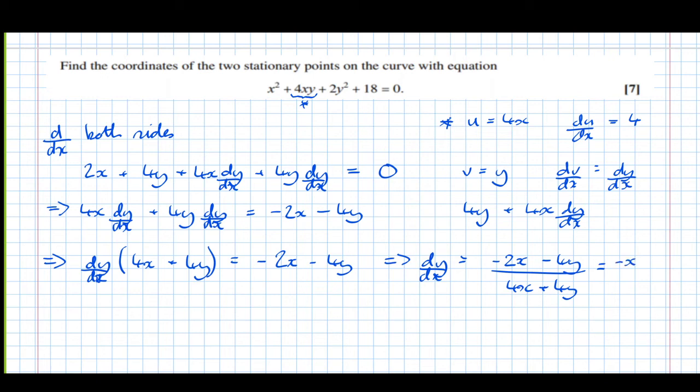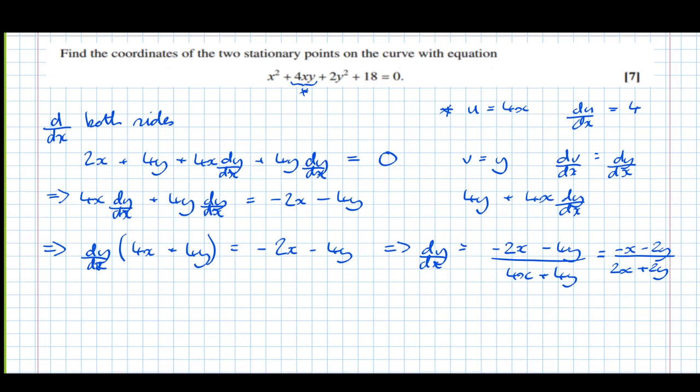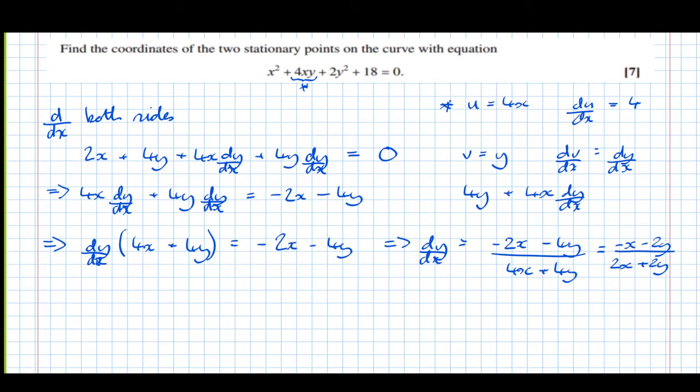So minus x minus 2y over 2x plus 2y. So I did that because I could. There's no pressure to. You probably wouldn't lose a mark in an exam unless it said fully simplify. So there's dy by dx.